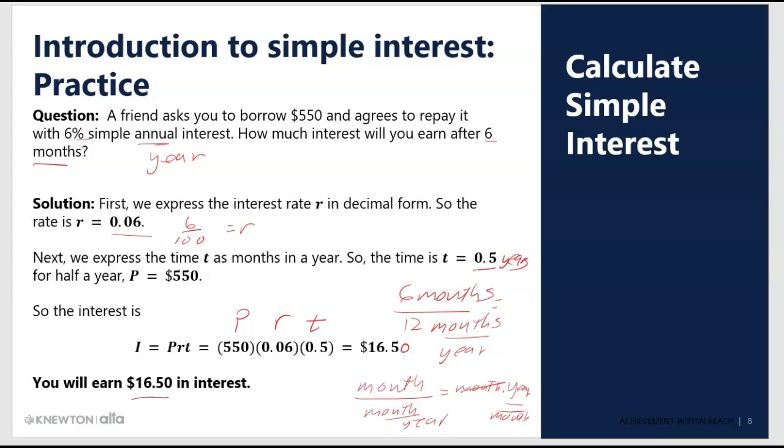So you earn $16.50 in interest. So after he gives you back the interest plus the money, what he gives you back is the 550 plus the 16.50. So you actually get $566.50 back for lending him $550. That's how interest works.